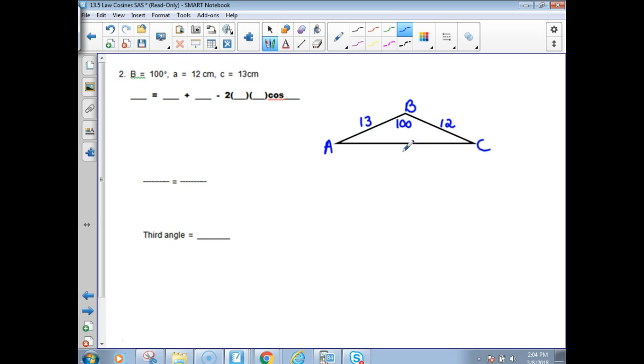And we're going to be able to find side B. So B squared equals, take the adjacent 2 sides, 13 and 12, square them and add them. Subtract 2 times their product, 2 times 13 times 12 times the cosine of 100. Okay. Type that all out and then take the square root.